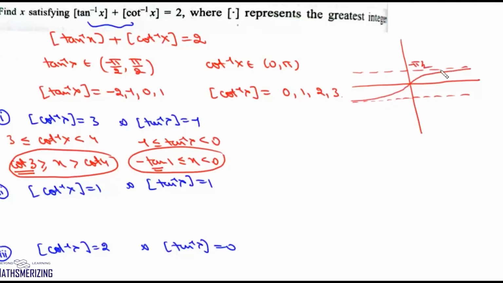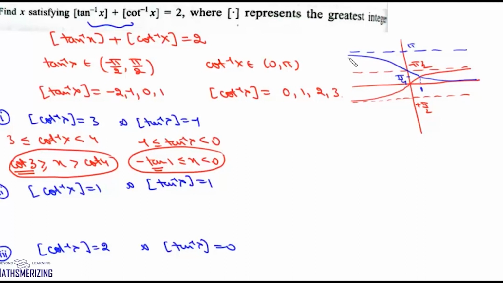And for the graph of cot inverse, we have asymptotes at 0 and pi. Now these two graphs will intersect at 1 and this value is pi by 4.